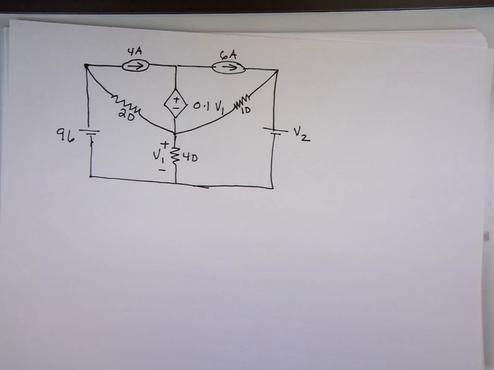The question says, if you were to solve this using mesh analysis or nodal analysis, how many equations you're going to have for each one? Determine the total number of simultaneous equations that must be solved in order to find V1, using nodal, using mesh, and which method do you prefer?